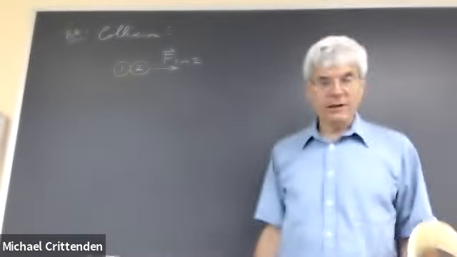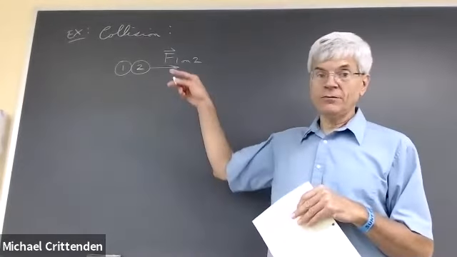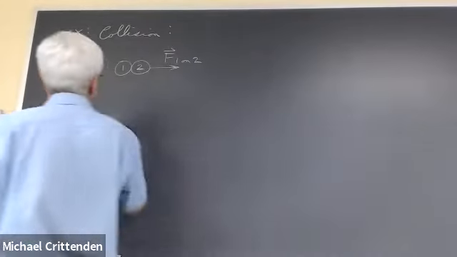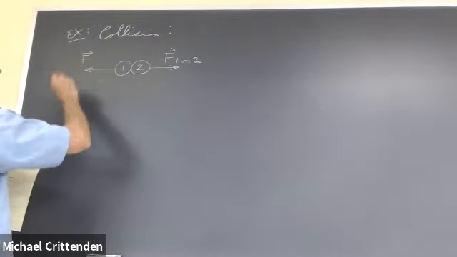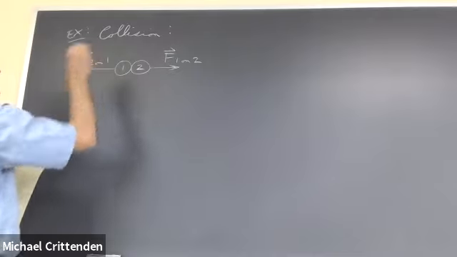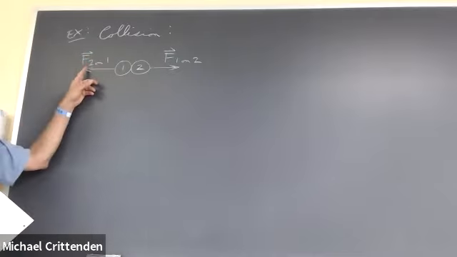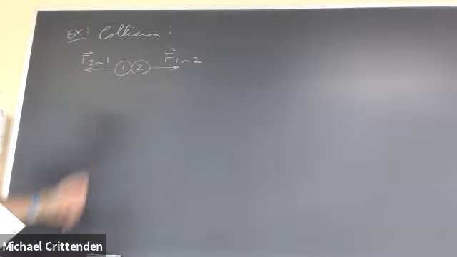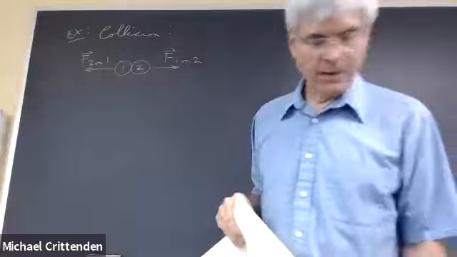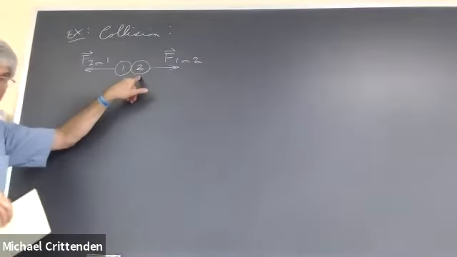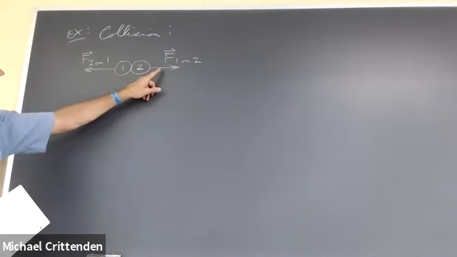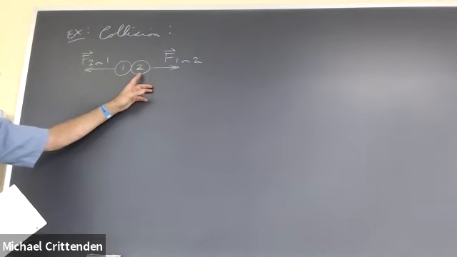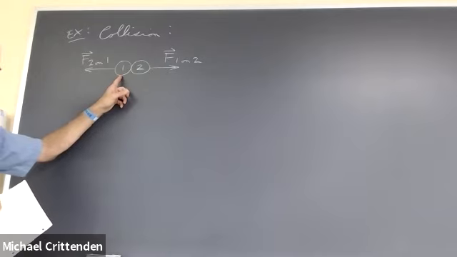And because of the third law, ball 2 is pushing back on ball 1 at the same time. Force that 2 exerts on 1. So if this ball was just sitting there and this one comes along and runs into it, this force will make this ball pick up speed during the collision, and this force will make this ball slow down.